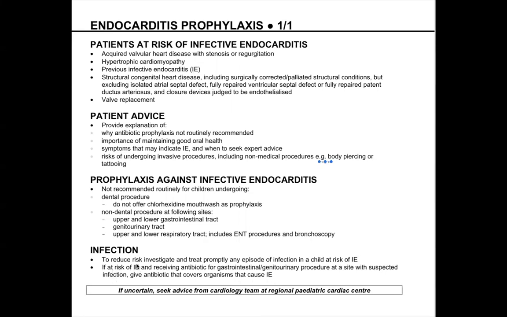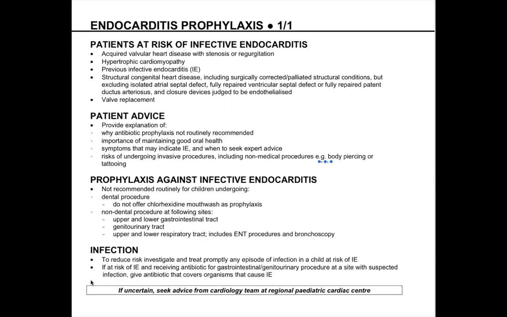This child is at risk of infective endocarditis. Major surgery they do. But if you are doing some procedure and at the site of procedure there is infection, to prevent that infection, you'll give antibiotics. That's what he's telling. Receiving antibiotic for gastrointestinal and genitourinary procedure at a site with suspected infection.